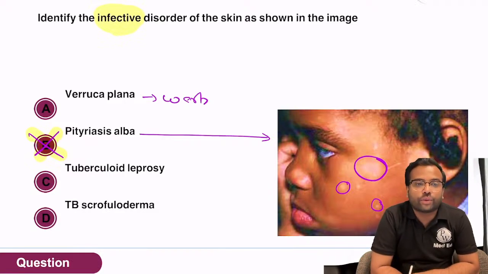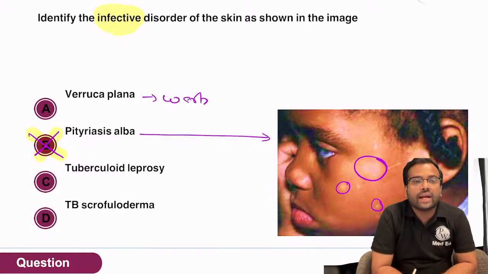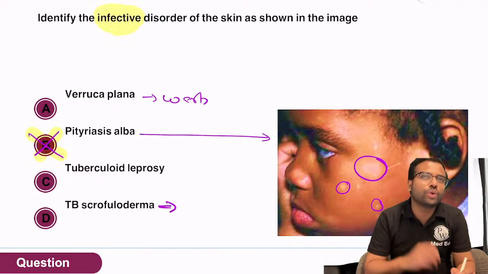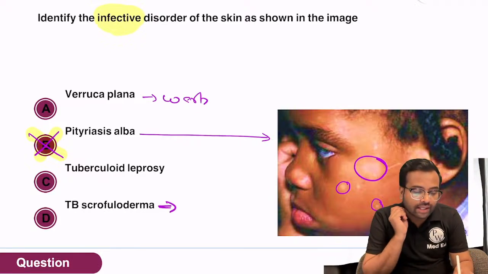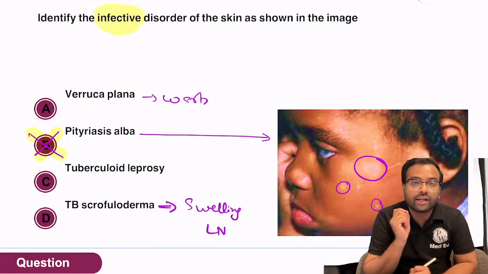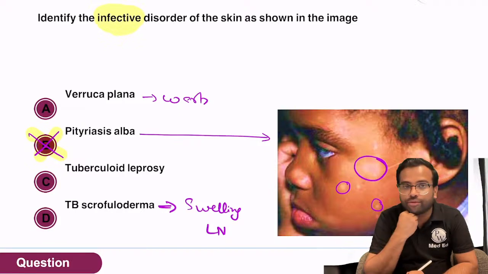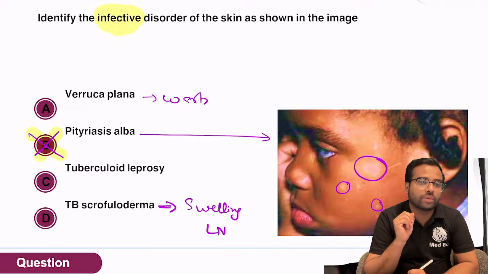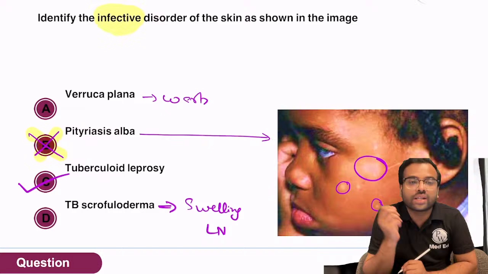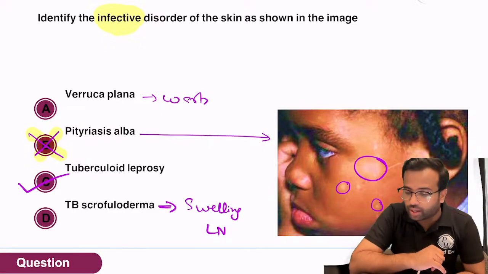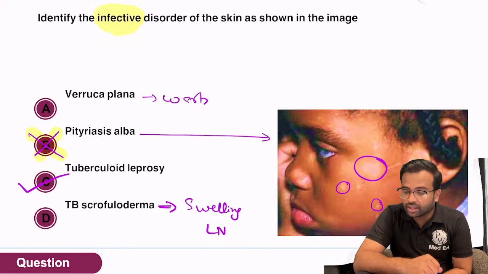And then we are left with tuberculoid leprosy and TB scrofuloderma. TB scrofuloderma usually appears with some swelling around the lymph node, right? Scrofuloderma, swelling around the lymph node, which arises from the lymph node. That is also not possible. So the closest answer which can be right here is a tuberculoid type of leprosy, isn't it?